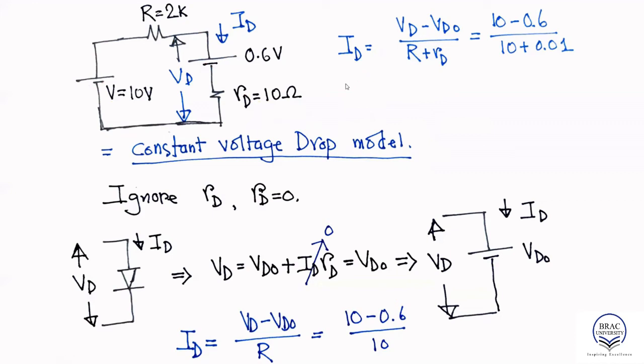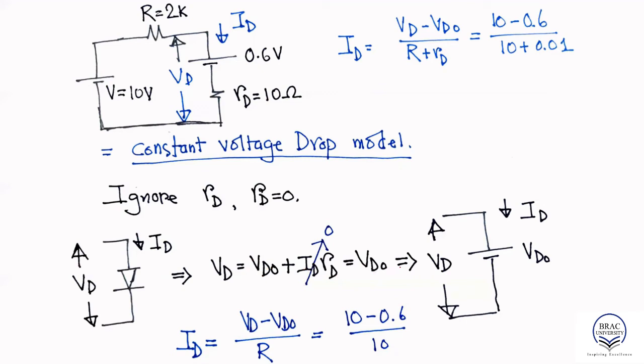And then we can even simplify the model that we have obtained. If you notice, the value of the resistance RD is 10 ohm, which is generally quite small compared to the external resistance. In that case, we can ignore it. If you go back to our previous equation for the piecewise linear model and put the value of RD equal to 0, then we get VD is equal to VD naught.